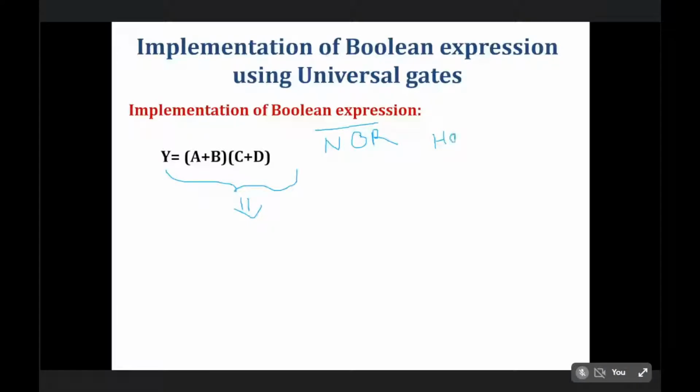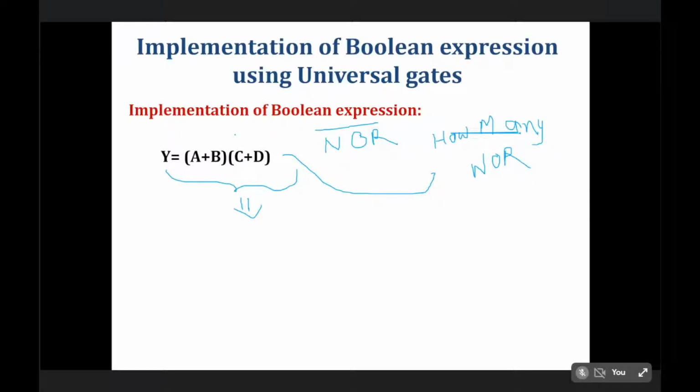What we have to do is take the complement of the complement, and then solve the inside complement.